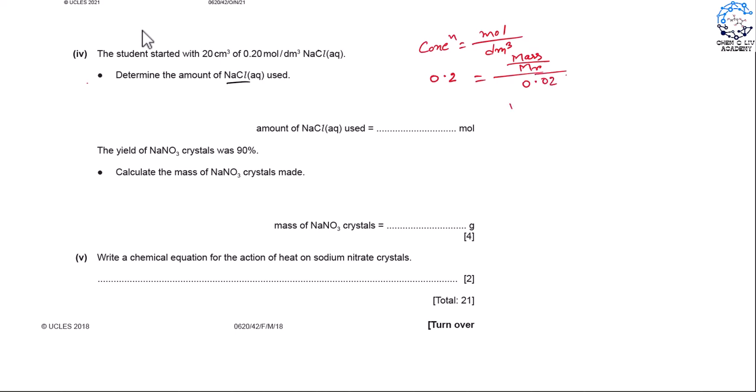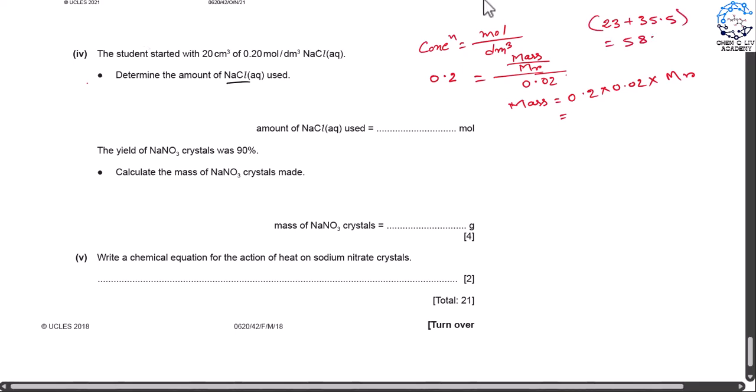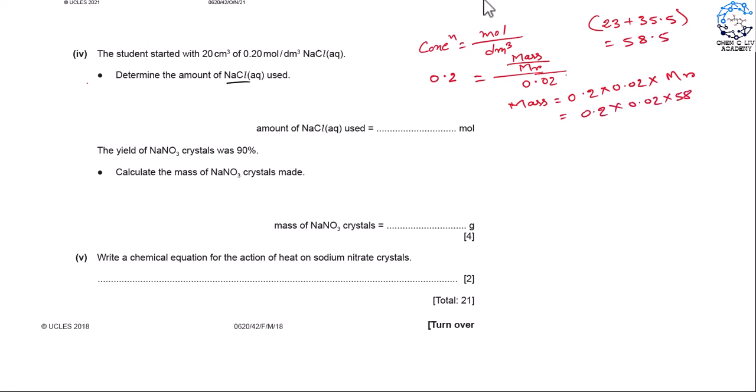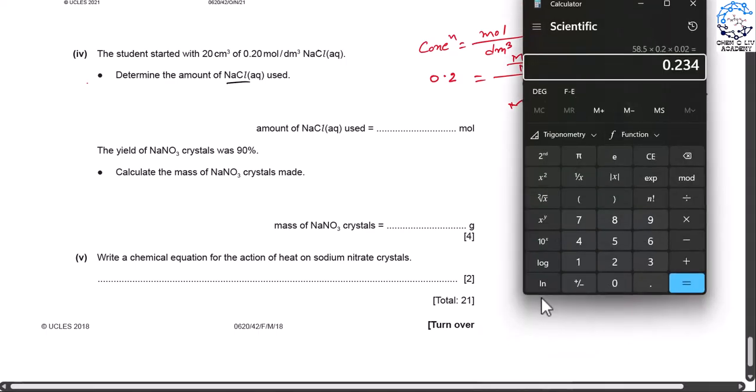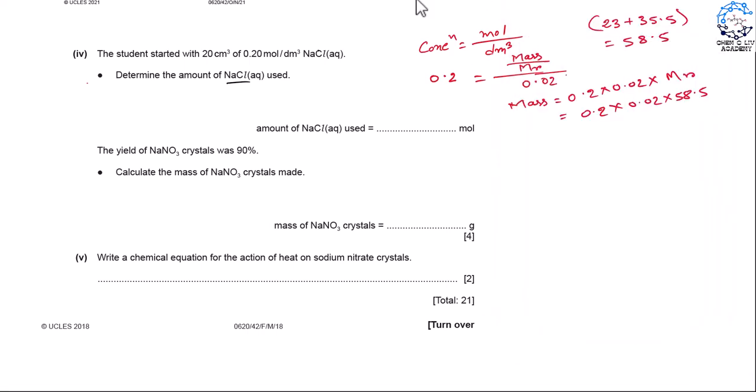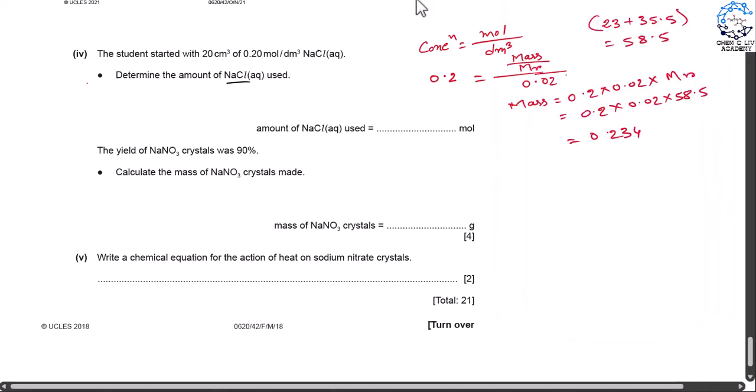So mass equals 0.2 times 0.02 times Mr of sodium chloride. Let's calculate the Mr of sodium chloride. Sodium is 23 plus 35.5 is the mass for chlorine, so it equals 58.5. So 0.2 times 0.02 times 58.5. If you do it in the calculator, you get 0.234 gram.